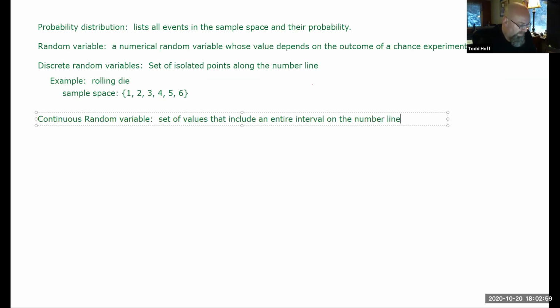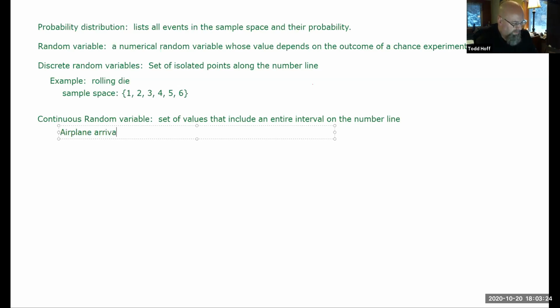So not only values along that interval, but every value in between them is part of that variable, the possible values of that variable. Now I'm going to talk a little bit about continuous random variables first, and then I'll come back to our discrete random variables.